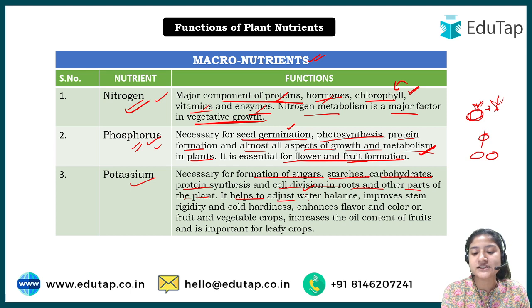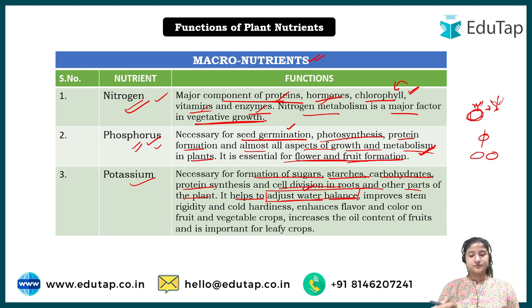Potassium also helps adjust water balance. If there is excess, water would shift in such a way that only whatever amount is important for the plant remains. Improves stem rigidity. Rigidity is nothing but how rigid or how stiff the plant is. Cold hardiness is how resistant it is to the cold.